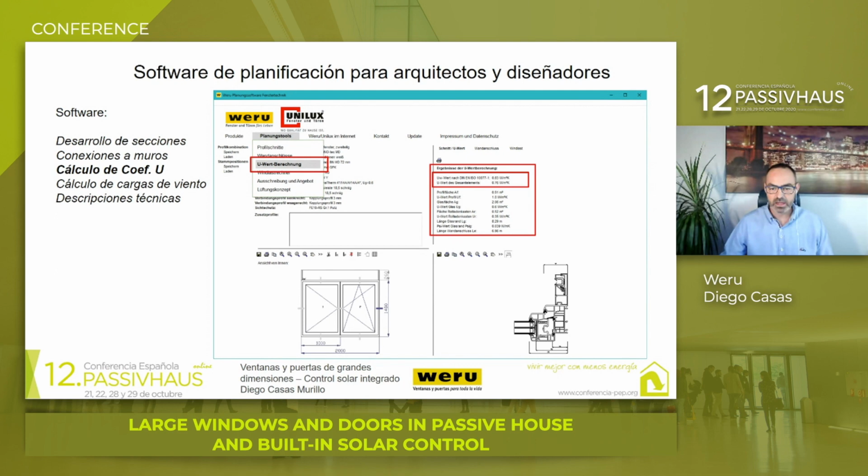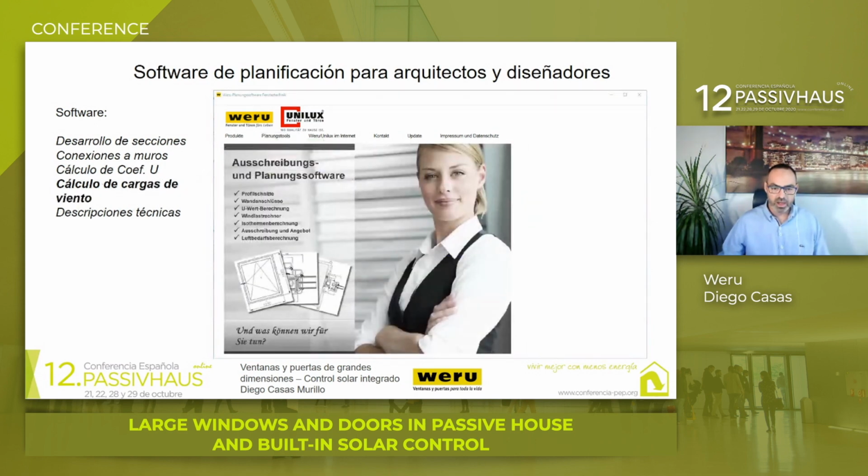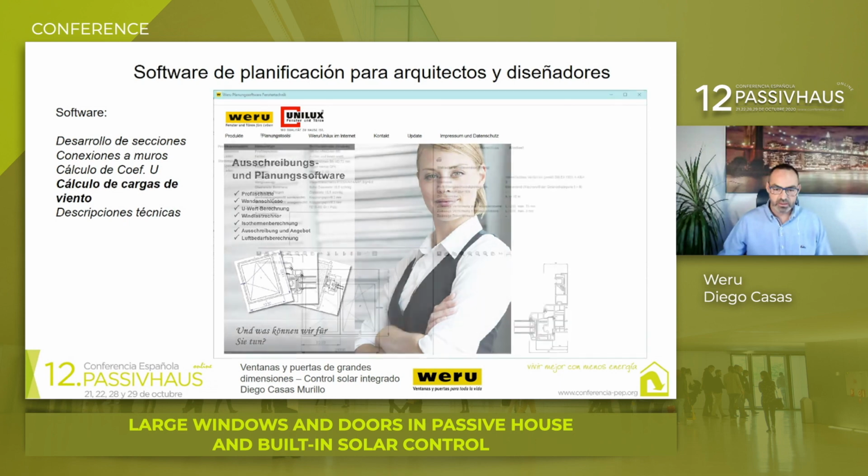When designing those elements, the system calculates that U coefficient, so in this way we can obtain complete products all made with Weru windows, doors, etc. In addition to that, we can also calculate wind loads and other options for technical descriptions.